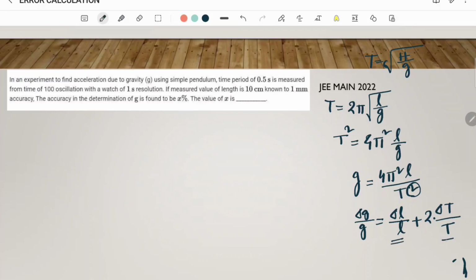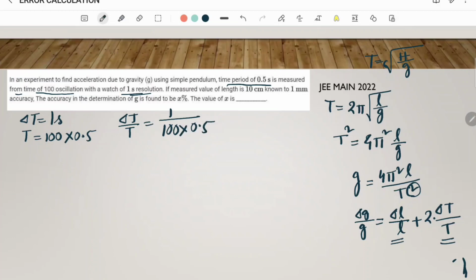Now these two quantities are given but indirectly. Look into this. The time period of 0.5 second is measured from time of 100 oscillations with a watch of 1 second resolution. So this is our delta t, 1 second, and t is 100 into 0.5. So our delta t by t is 1 over 100 into 0.5.